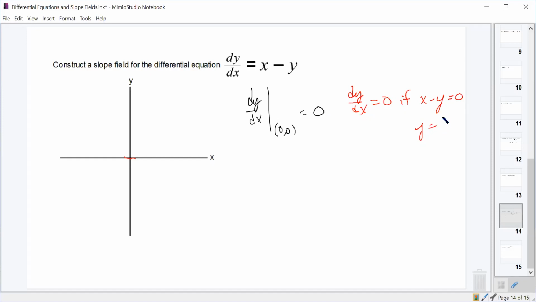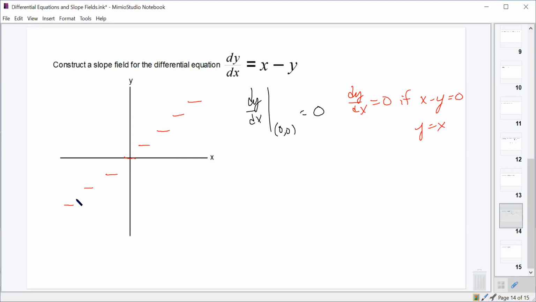That's a 0. And so anywhere along the line y equals x, the slopes should be 0. So I'm just going to give myself a bunch of slopes of 0 that way. Seem reasonable? Yeah. All right, hopefully so.